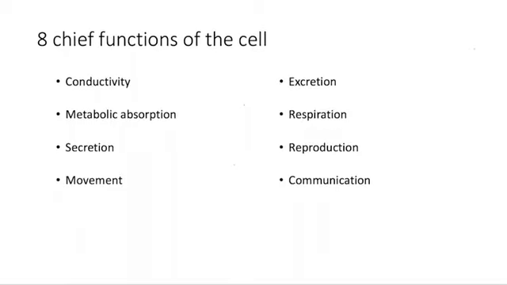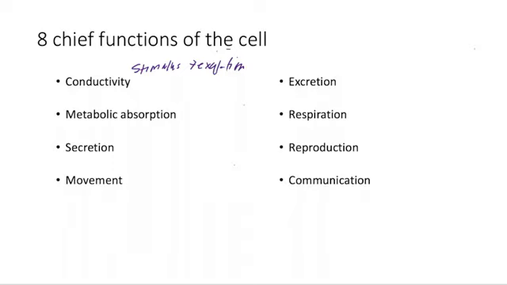Conductivity is a response to the stimulus that's manifested in a wave of excitation. So we have stimulus, and then we get excitation. So think of your electrical stimulus that happens in your neurons, or the chemical electrical stimulus that happens in muscle cells.